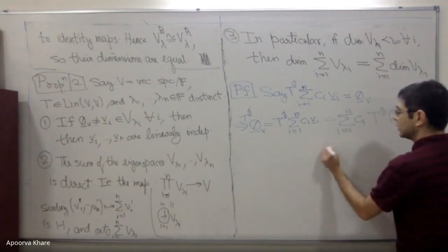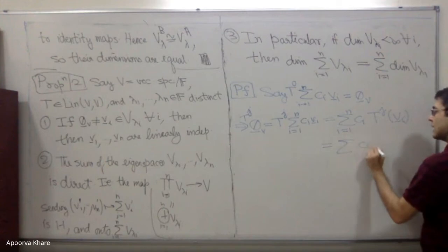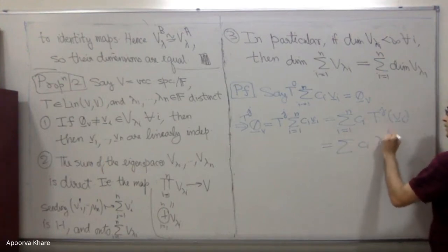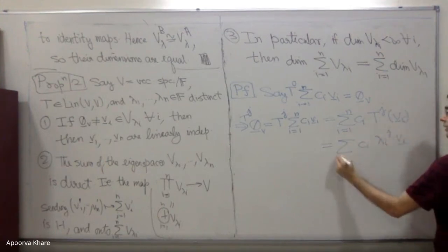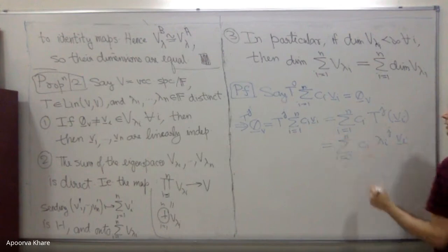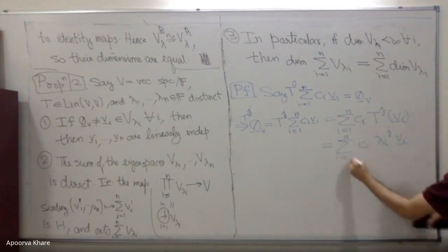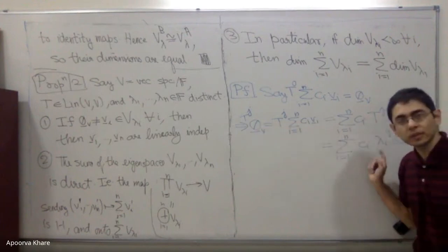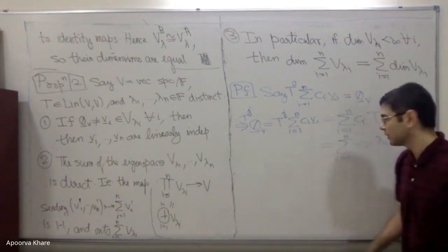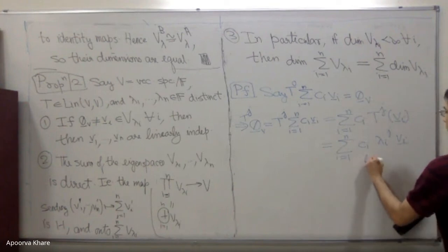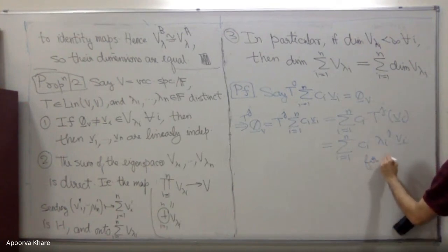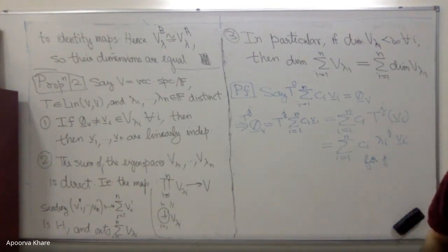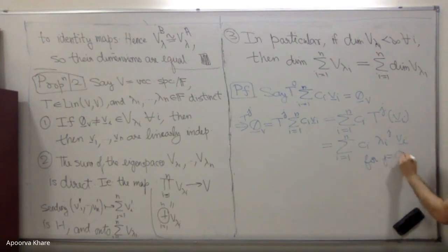So this is literally Ci lambda i to the power j Vi, where i is 1 to n. So 0 equals this combination. Let me just take the first n of those powers, for j equals 0, 1, till n minus 1.